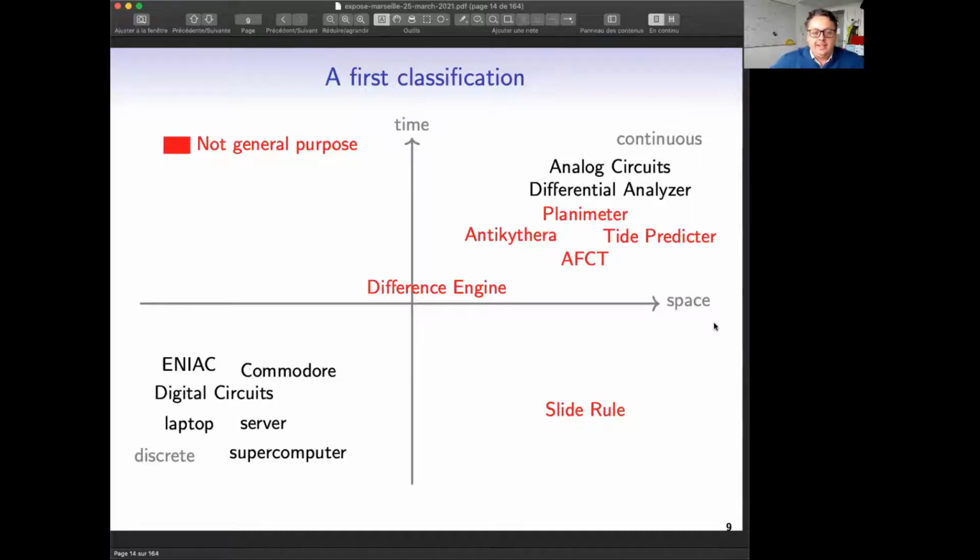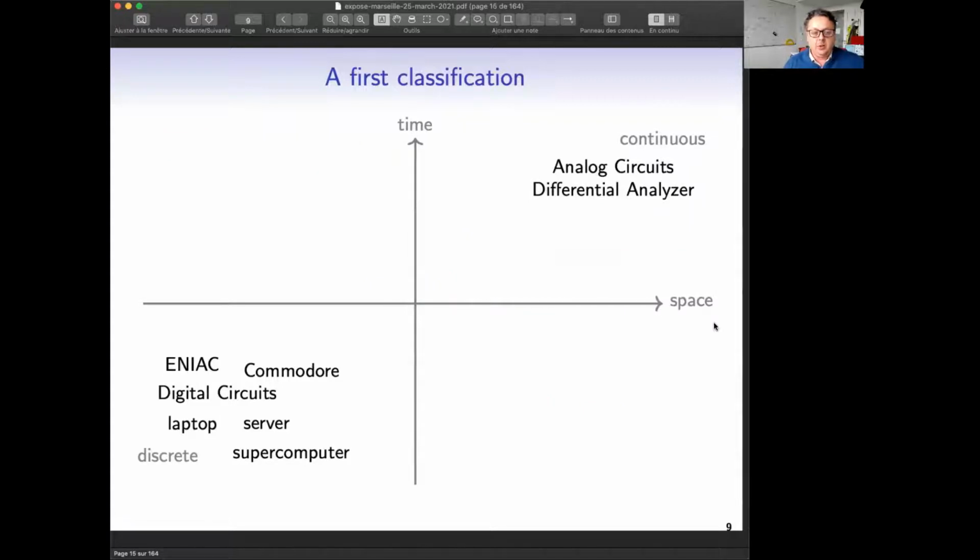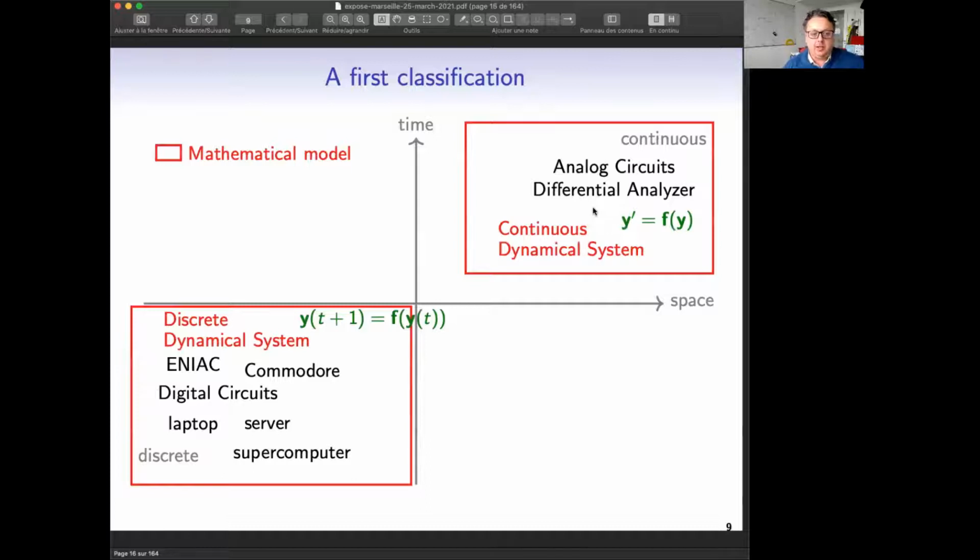Okay, so let's delete the ones that are not general purpose and observe that there remain two subgroups, one with discrete time and space, and one with continuous time and space. Okay, so if I am a mathematician, I could say that both are models by dynamical systems.